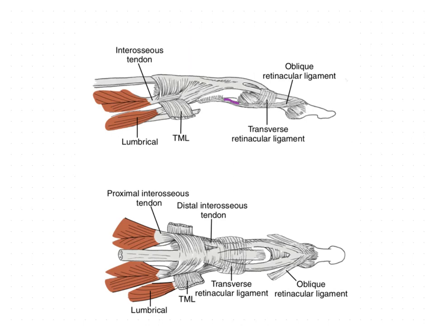Once this attachment occurs, the structure of the extensor mechanism is complete. These oblique retinacular ligaments arise from the sides of the first phalanx and from the digital tendon sheath that encases the long finger flexors.